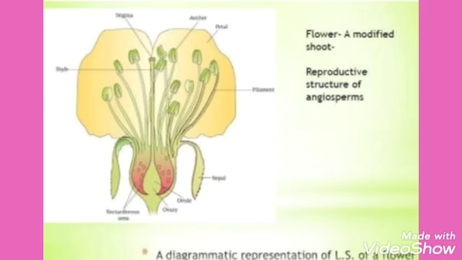A dithecous anther contains 2 lobes that are joined together by a non-sporangious tissue called the connective. The anther wall is made up of 4 layers of cells. An anther dehisces by slits to liberate pollen grains.